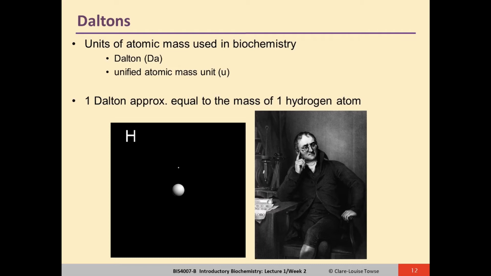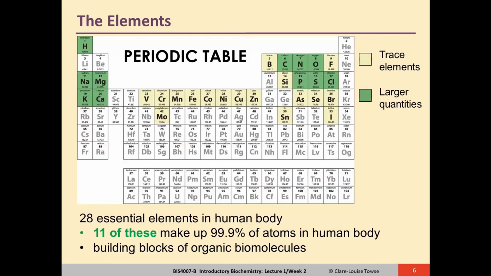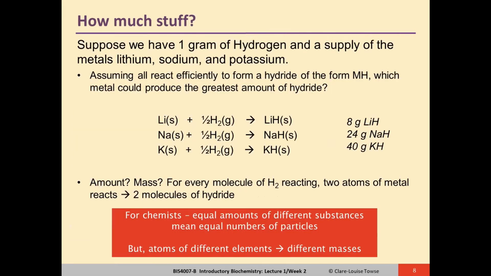So the unit of atomic mass used in biochemistry is Dalton, Da. Unified atomic mass unit is u. Dalton is approximately equal to the mass of one hydrogen atom. So one hydrogen atom is 1, right? If we go back to the periodic table, it's 1.0079, so basically just 1, kind of.